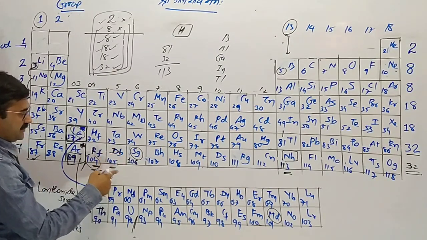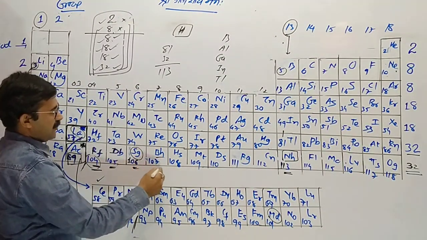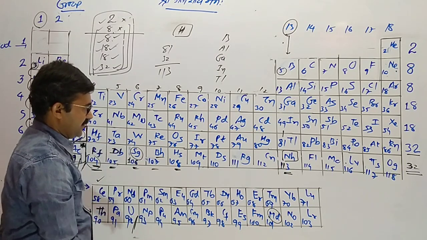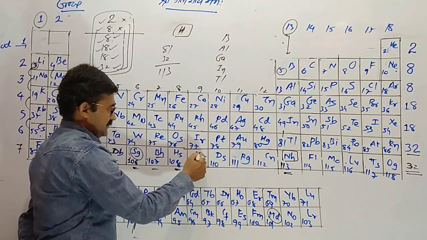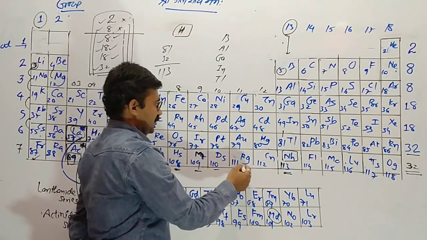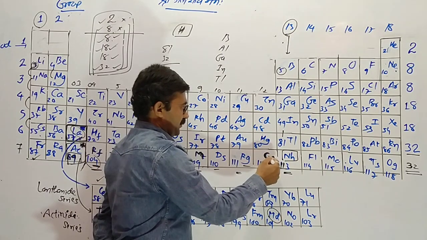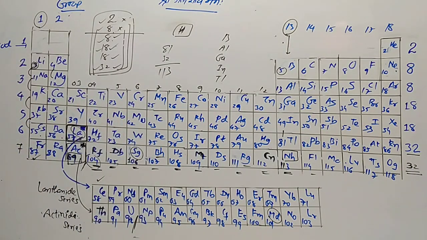Dubnium 05, seaborgium 06, group number 6, bohrium 107, group 7, hassium 108, group 8, meitnerium 109, last two 09, so 9, darmstadtium 110, roentgenium, last two 11, so group 11, copernicium Cn 112, then Fl 114, last two 14, so group 14, which is flerovium.